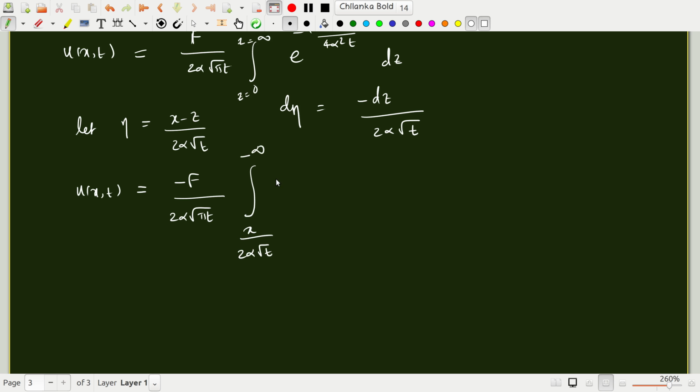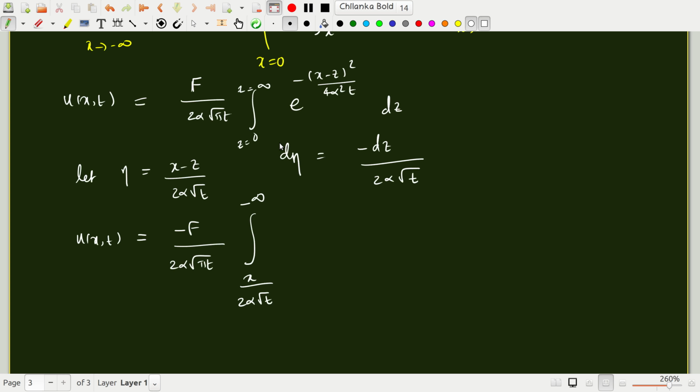And this becomes just simply e to the minus eta squared. Now dz is minus d eta times 2 alpha root t, and that 2 alpha root t will cancel with the 2 alpha root t here.